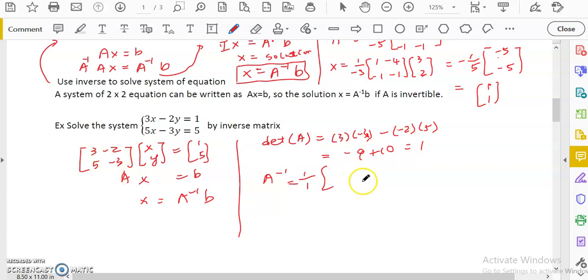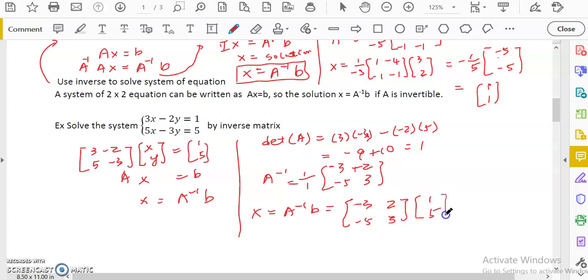Main diagonal, switch position. The other diagonal, switch sign. Plus 2 and -5, right? So that's A inverse. X is equal to A inverse B, which equals -3, 2, -5, 3 times my B, which is 1, 5.